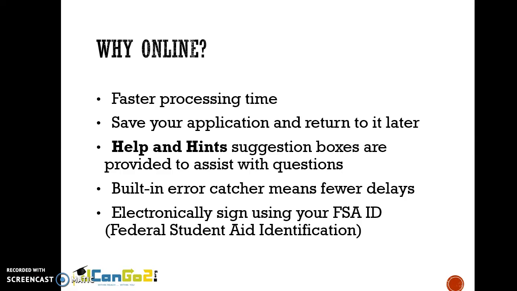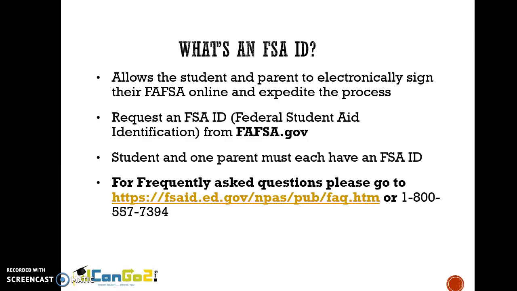And you can electronically file it with your FSA ID, which is your Federal Student Aid Identification. So how do you receive that identification number? And what is it? It allows the student and parent to electronically sign the FAFSA online and to expedite the process. So you will request that ID by going to FAFSA.gov, and I will show you what that looks like in a moment.